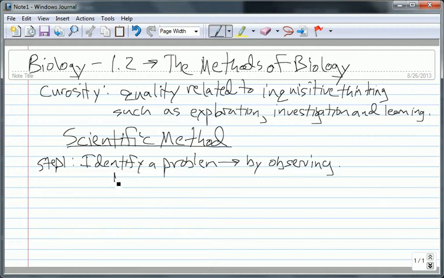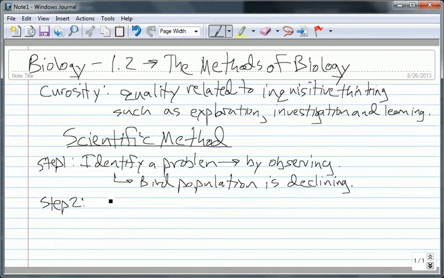So our problem here, example problem, is the bird population is declining. Okay, that's step 1, identify the problem. Step 2 is to create a hypothesis.